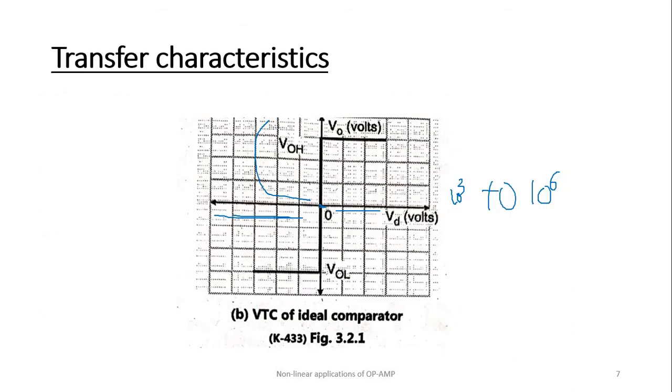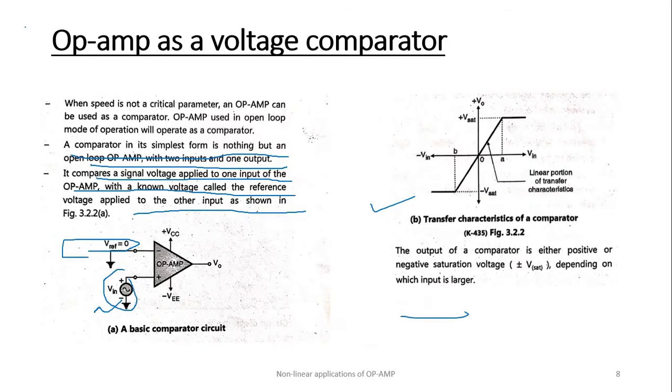In the previous slide we saw the voltage transfer characteristic of an ideal comparator, but this is the transfer characteristic of a practical comparator. This is due to the finite slew rate of the op-amp. The higher the slew rate, the sharper the voltage transfer characteristic, meaning as slew rate increases, the sharpness of this curve also increases.